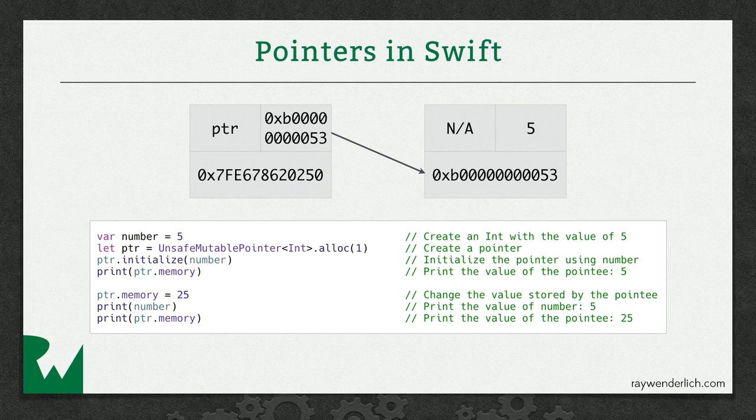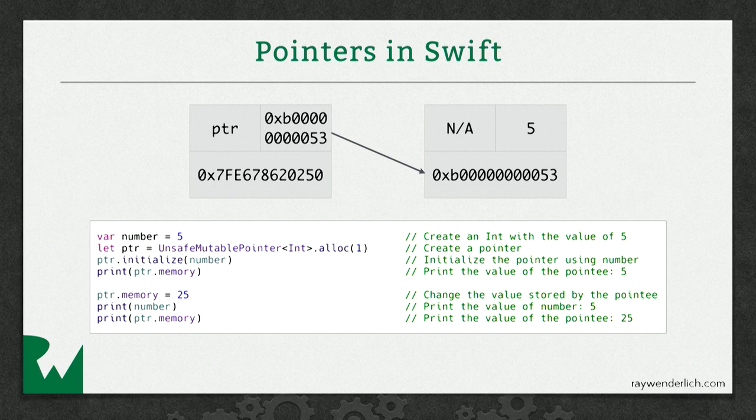If it was a constant, we would just use unsafe pointer, but we'll look at that in a minute. We allocate the memory of one instance of an int, which is what that last bit means. We then initialize the pointer with our variable, which is number, it has a value of 5. And then we access the memory of the pointer using this memory property. And that's how we get the dereferencing.